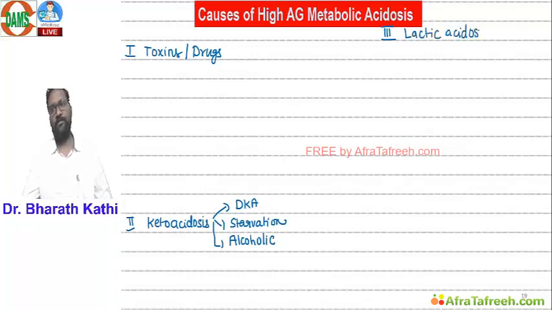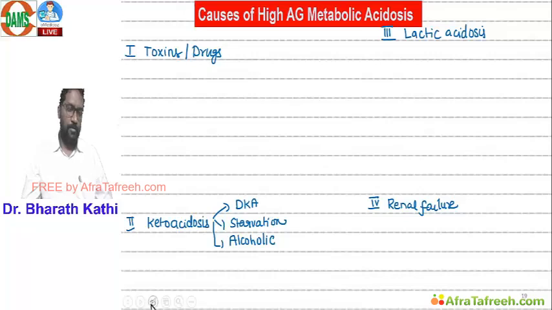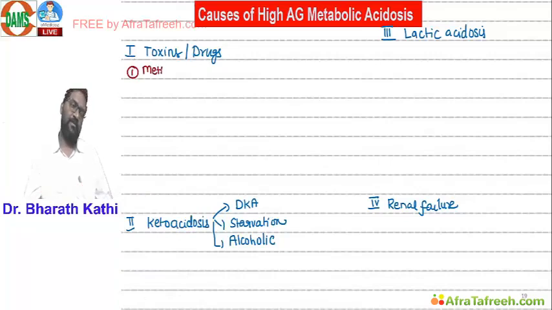When will all these acids formed not go out from your body? Renal failure. Toxins or drugs, like I told you, alcohol will ultimately get converted into acid.